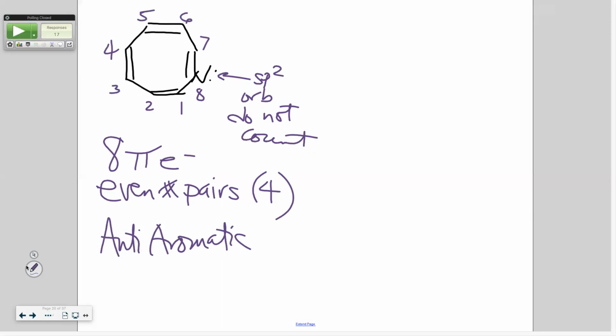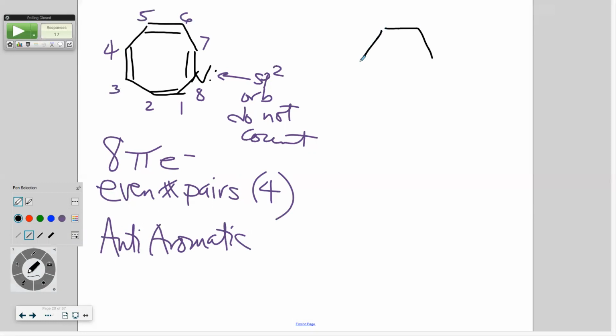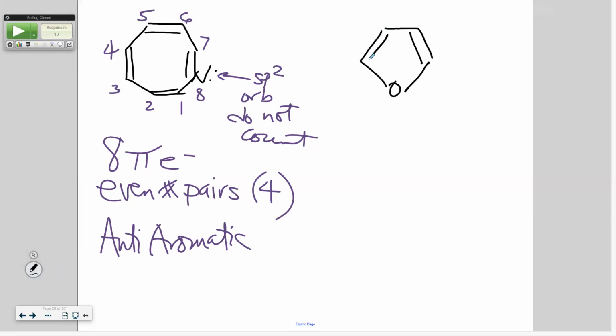Okay, what about this compound? Let's throw oxygen in there. And just to remind you, I'm going to put those lone pairs out there. So what do you think about that one? Well, let's count the easy ones.